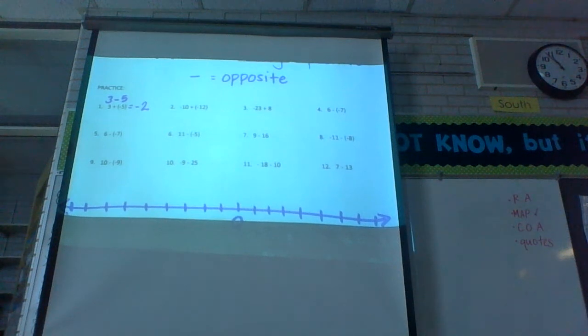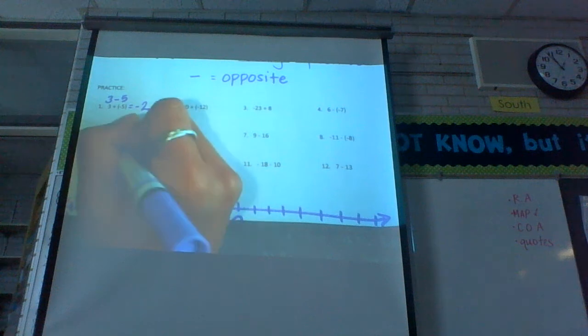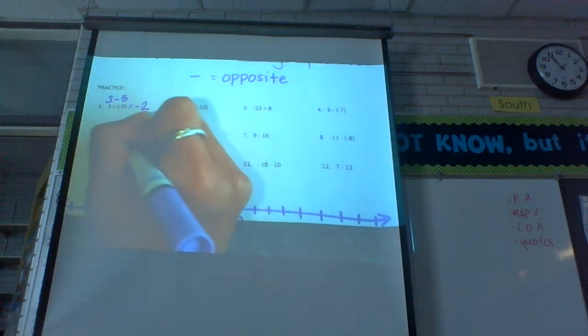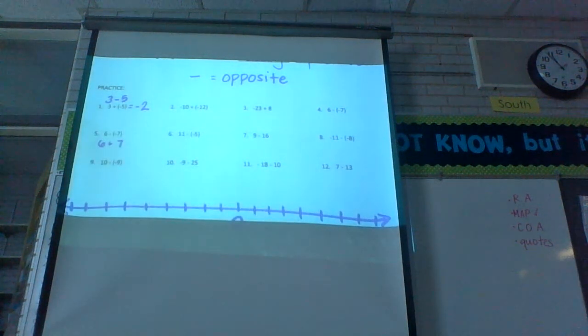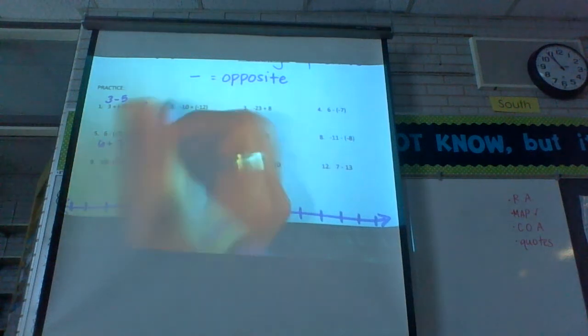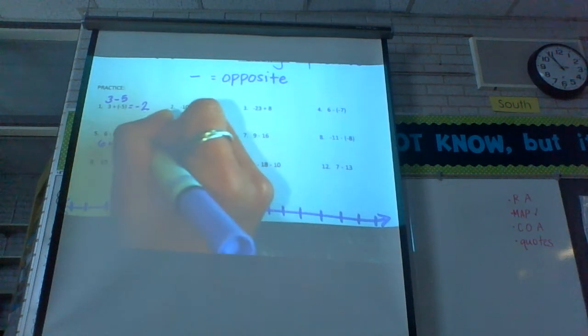Oh, that was the same as the one above. Number 5, jumping down. 6, take away a -7, or the opposite of -7. I really know that this means 6 plus a 7. And if it's positive, I don't need to write a sign for that. So 6 plus 7 is 13.